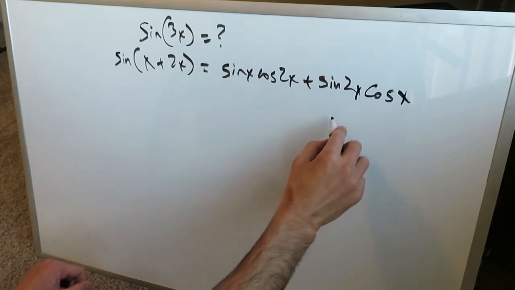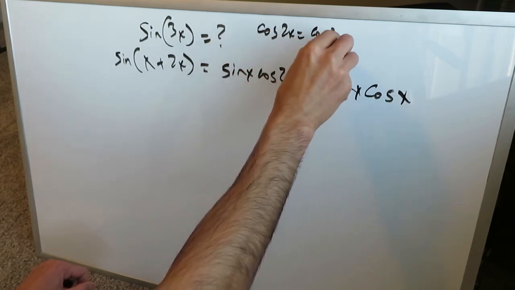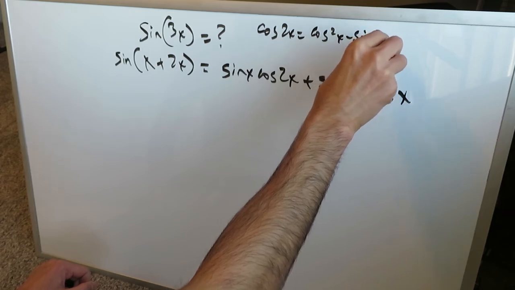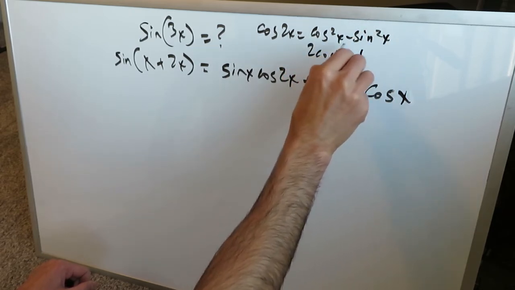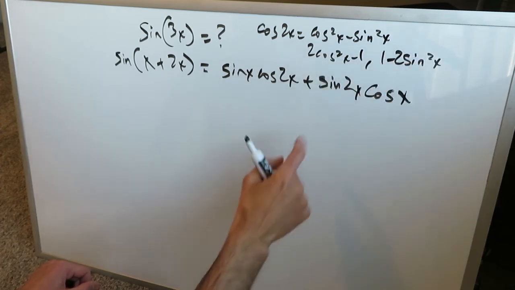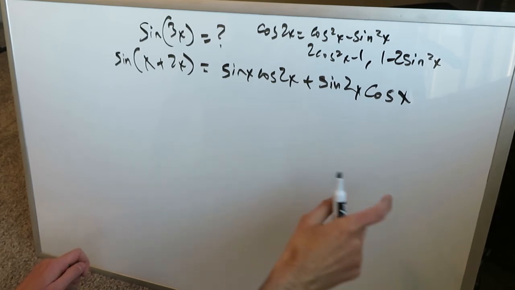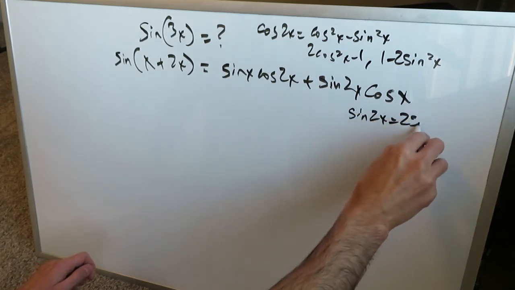Cosine 2x can be one of 3 things, you know. It can be cosine square x minus sine square x. It can be 2 cosine square x minus 1. It can be 1 minus 2 sine square x. Sine 2x, you know, I've shown you, I'll write it out here again.